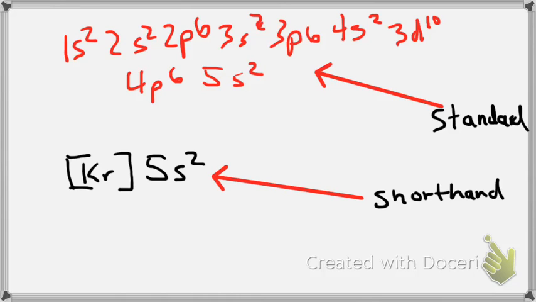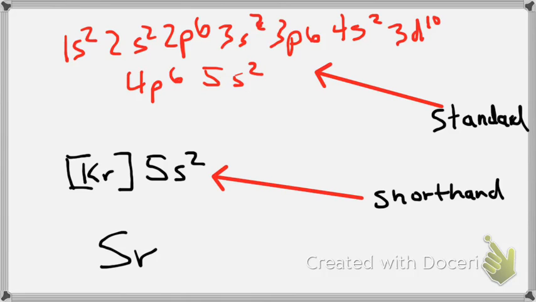What I've shown here are the 2 different electron configurations you can use for strontium, Sr. Above is the standard notation. It goes 1s2, 2s2, 2p6, 3s2, 3p6, 4s2.